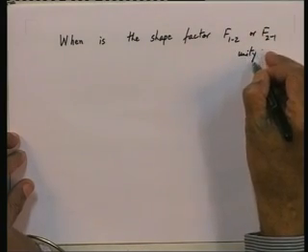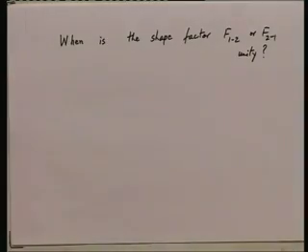Obviously, if all the radiation emitted by the surface 1 is intercepted by 2, none of it goes back to 1, mind you, then the shape factor of 1 with respect to 2 is unity. Or the reverse, f 2 to 1 will be unity when all the radiation emitted by 2 is intercepted by 1; it goes nowhere else, it does not even go to 2.